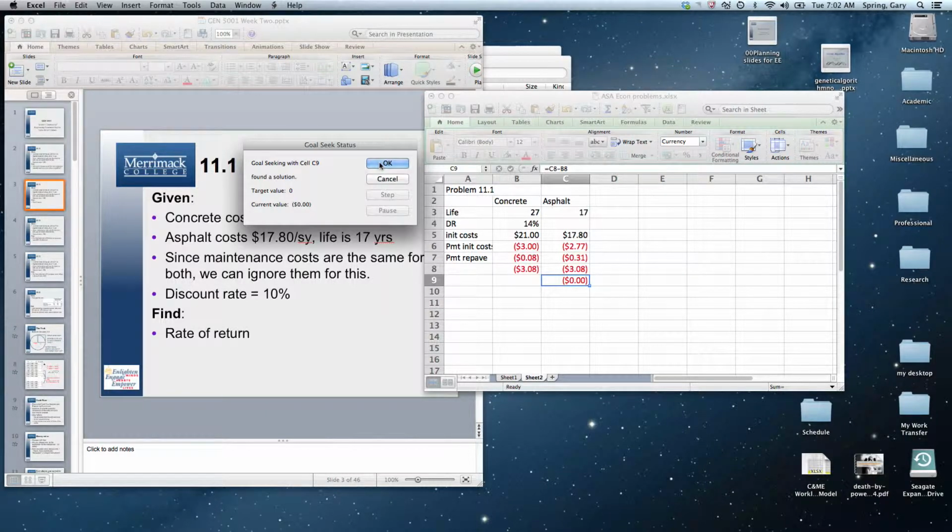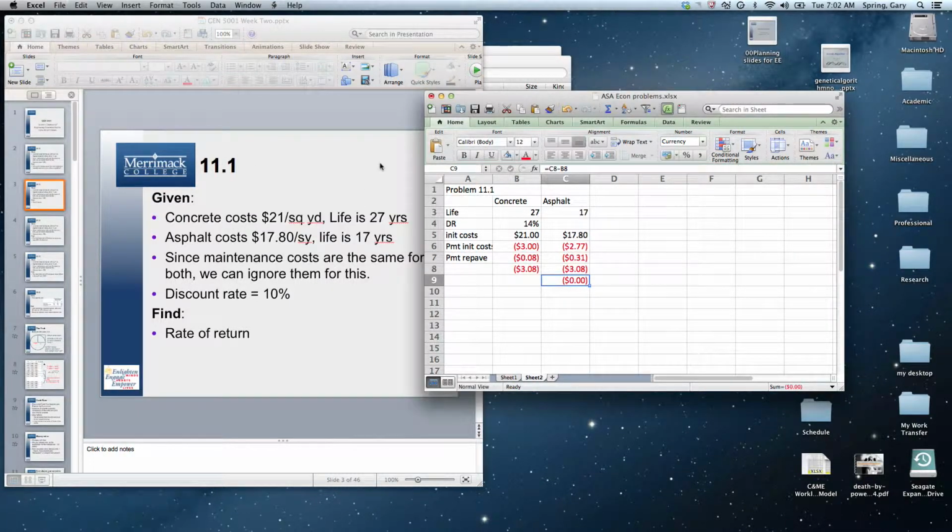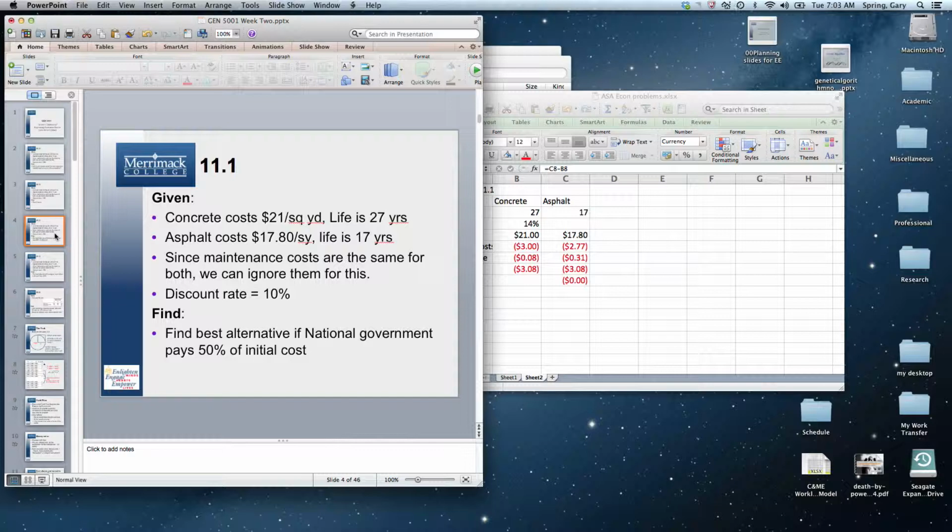So we'd need a 14% discount rate to make these two equal. Actually, wait a minute now. Well, never mind. It's not really rate of return. I misspoke there, and that's not what the text asks for. It's what discount rate would make them equally desirable.